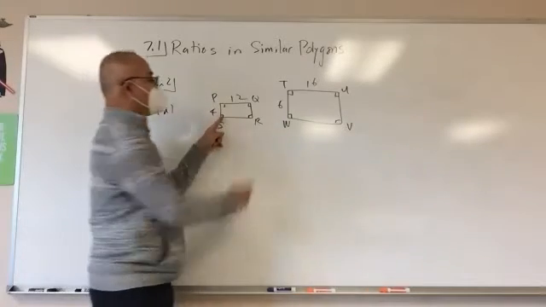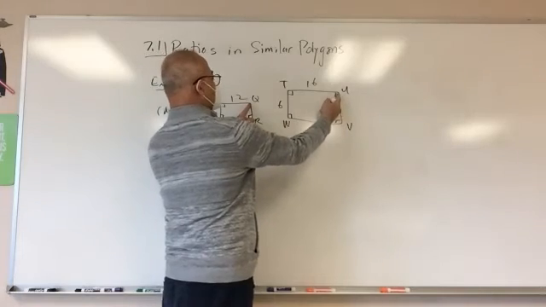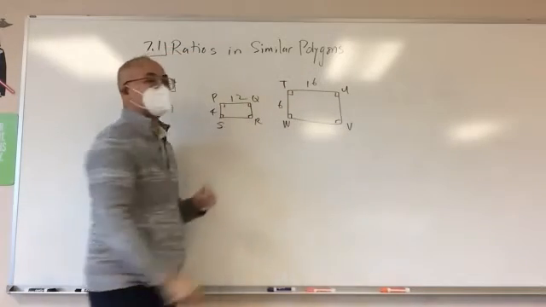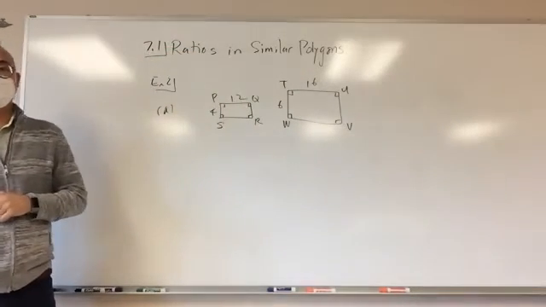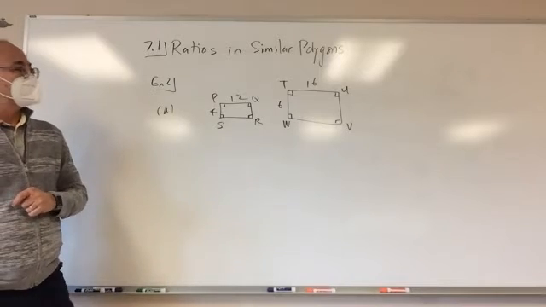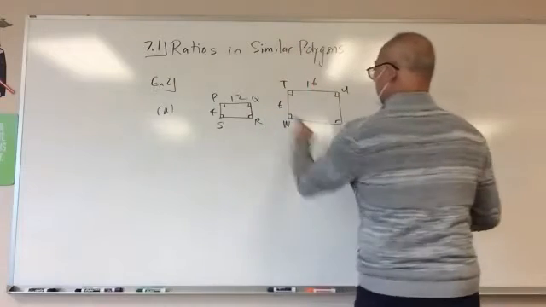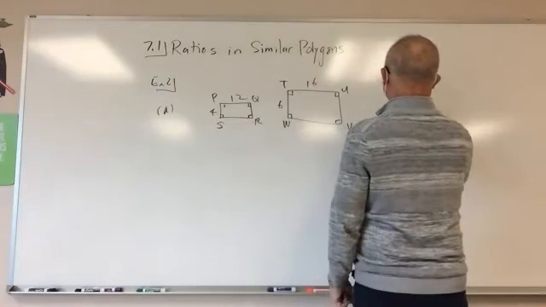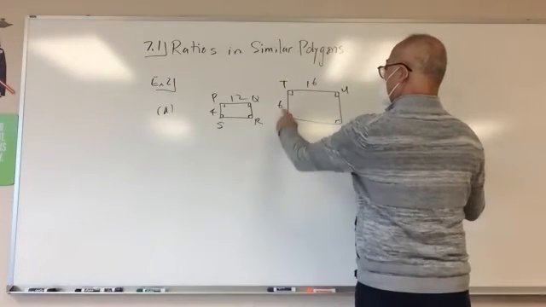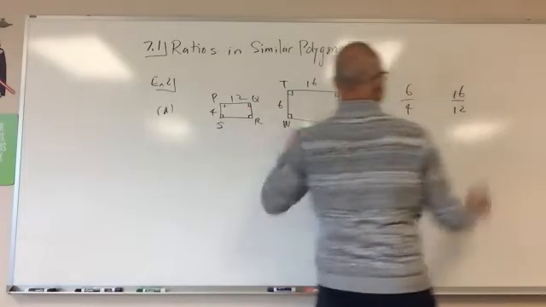Because this one would correspond to this one, and they're all 90 degrees. So we verified that all of the corresponding angles are congruent. Okay, so let's get the ratios now. The ratio here is 4 to 6. And this one over here is going to be 12 to 16. Are they the same?